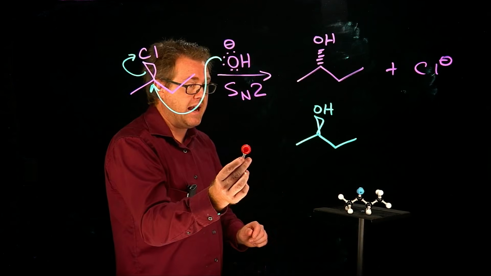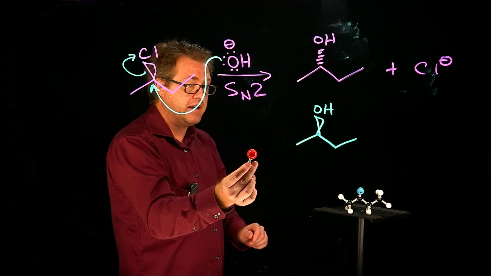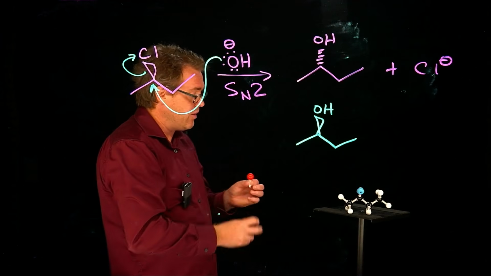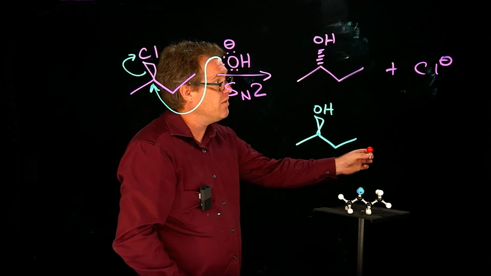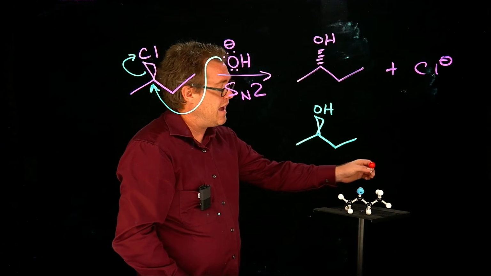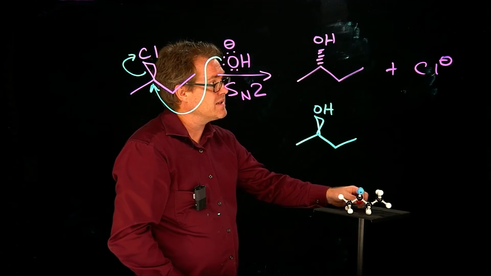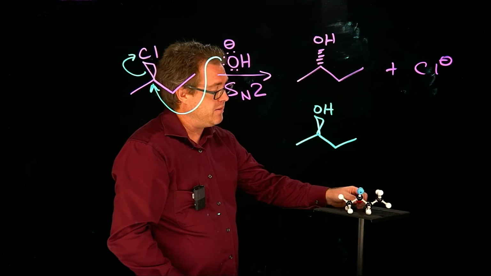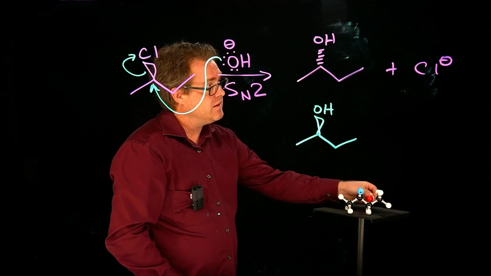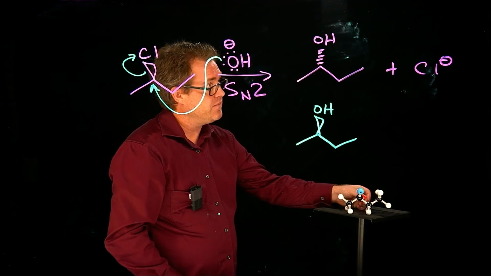Whereas instead, the red sphere has to travel all the way around to the other side of the molecule and come in from the opposite side of where the blue atom is. And that would be backside attack.